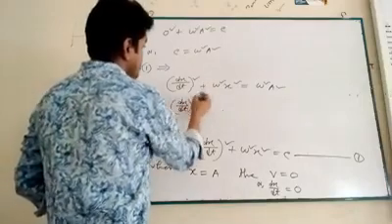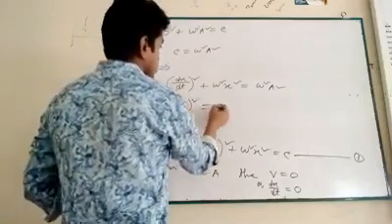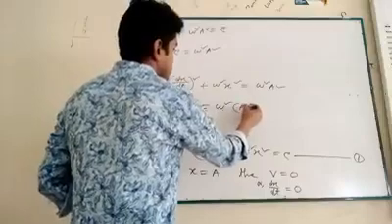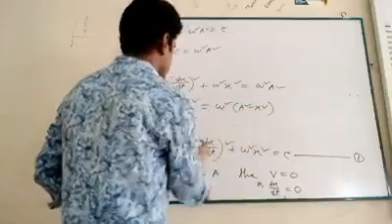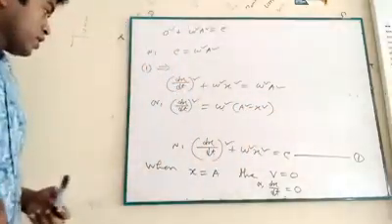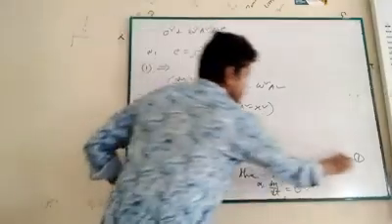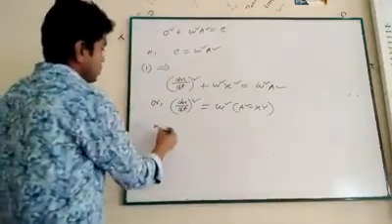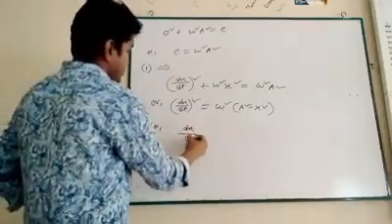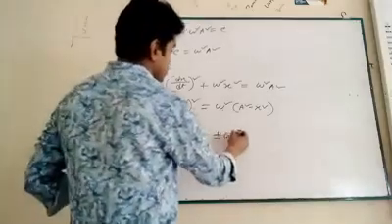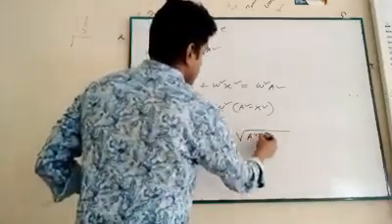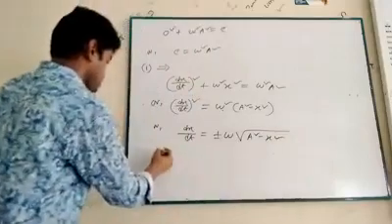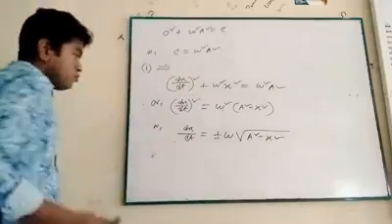or (dx/dt)² equal to ω²(a² minus x²), and dx/dt equal to plus minus ω square root of (a² minus x²).